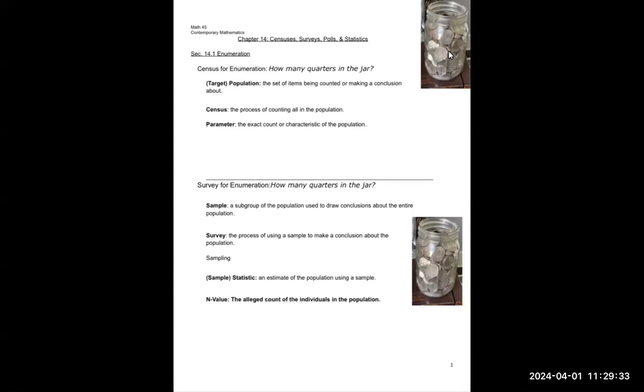That's one way of trying to obtain the number of people in a population of interest. Our first definition here is a target population, which is the set of items being counted or that we're trying to make a conclusion about.